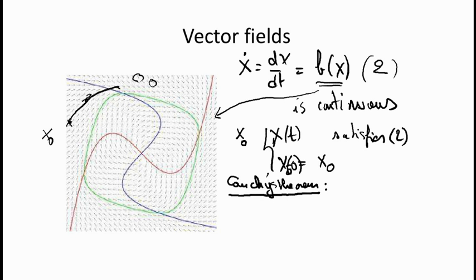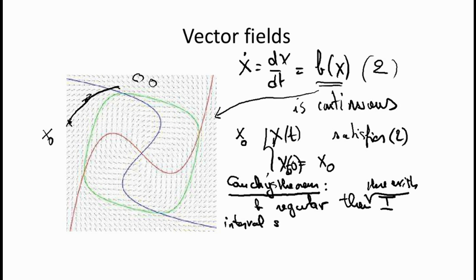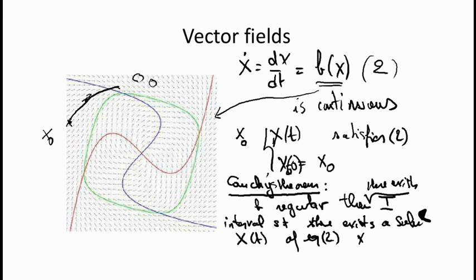So the Cauchy theorem states that if b of x is sufficiently continuous and regular, then there exists an interval I such that we have a solution x of t of equation 2, satisfying x of 0 equals x0, and this solution is unique.